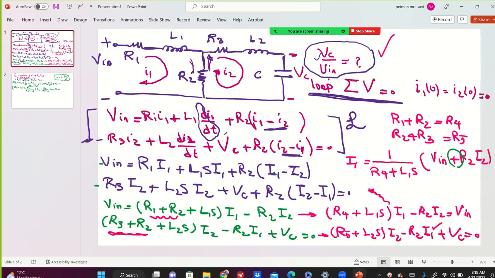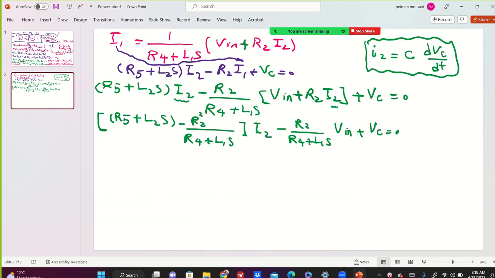You see that it's coming up, okay? But based on whatever I said here, you know that you can replace it here, because this is time. So when you go to frequency, having Laplace, remember I2 is going to be CSVC. That's right, derivative gives you S. Now you know it.